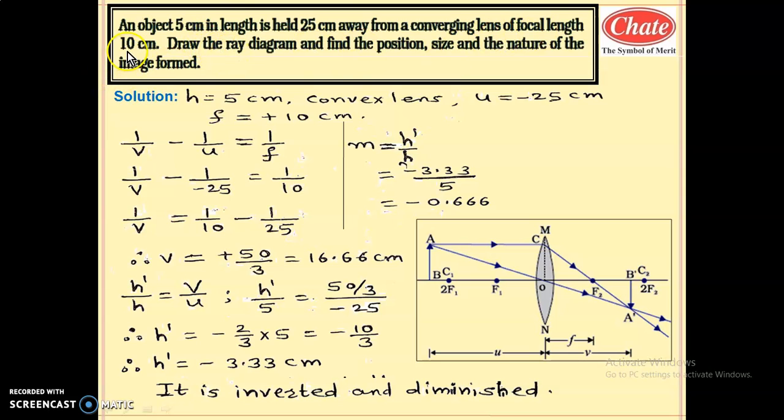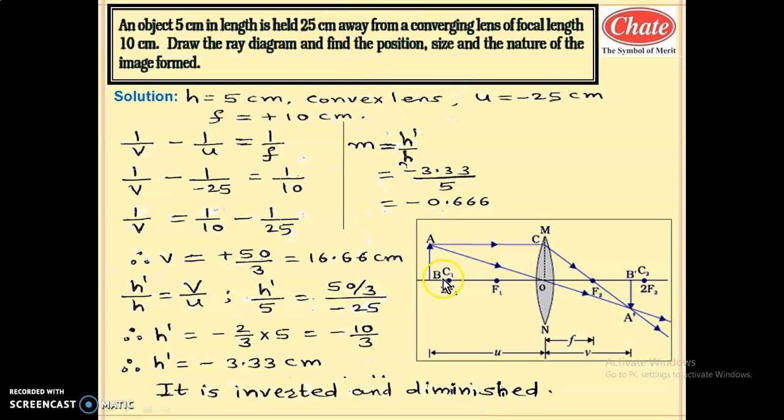As the focal length is plus 10, so 2f distance is twice of this, that is 20 centimeter. Here object is placed at 25 centimeter. This 25 centimeter is a larger value compared to this 2f1 distance. It means here the object is beyond 2f1.